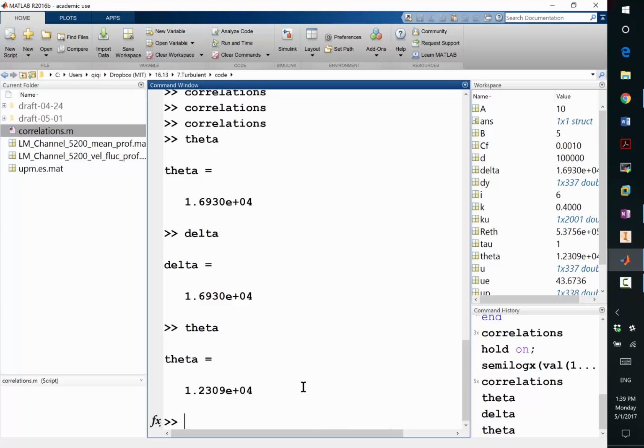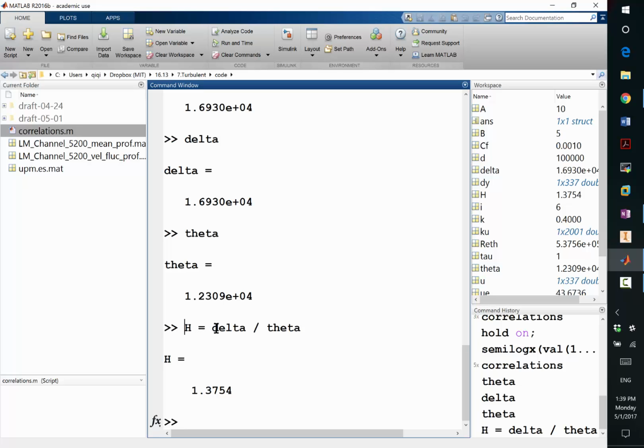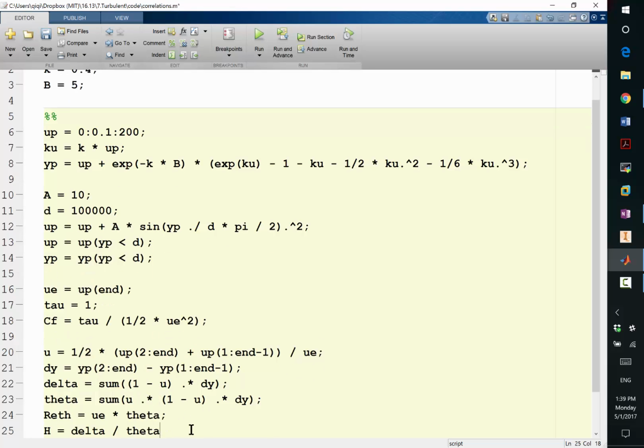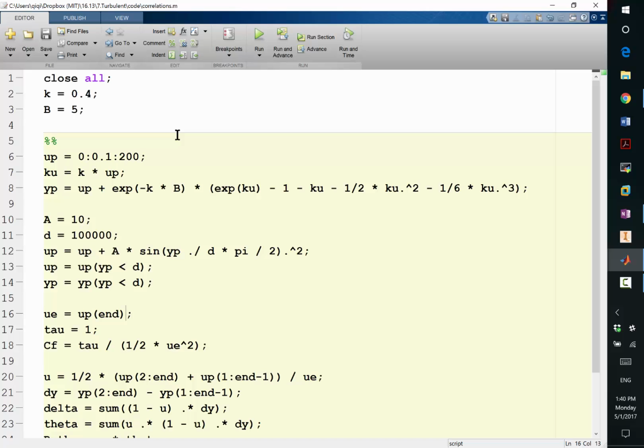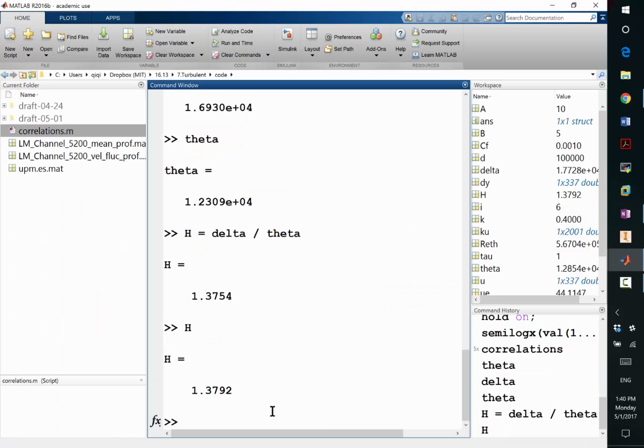And the shape factor, of course, H is equal to delta divided by theta, is 1.38. So let's compute that.